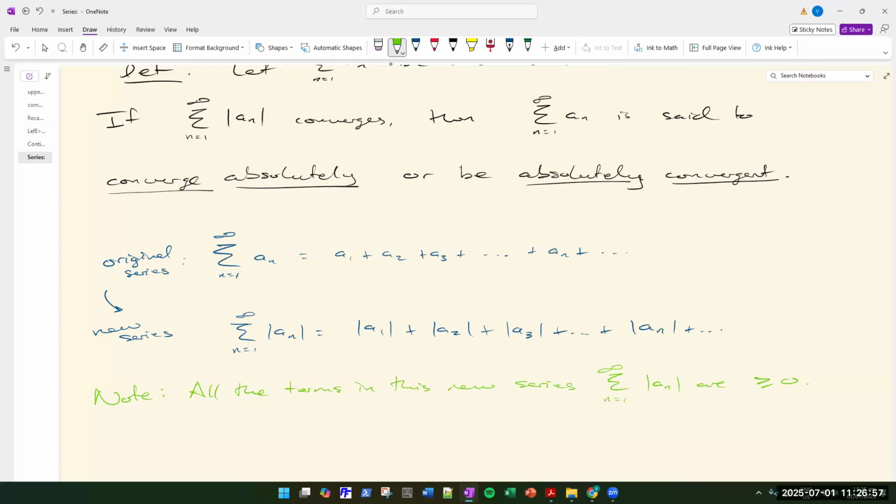If the original series had negative terms, we were not allowed to use the comparison test. The comparison test only works if my series only has non-negative terms. So if some of the terms happen to be negative numbers, what you could do is form this new series where all of the terms are bigger than or equal to zero, then apply the comparison test to this new series, which means that there must be some link between the original series and this new series with the absolute terms.